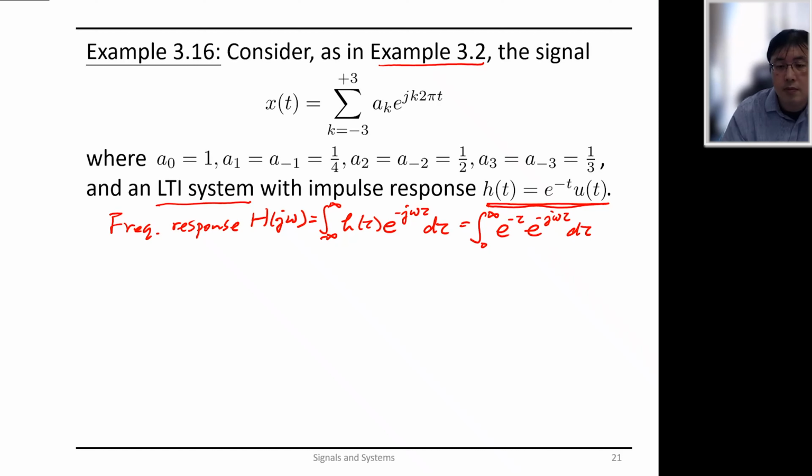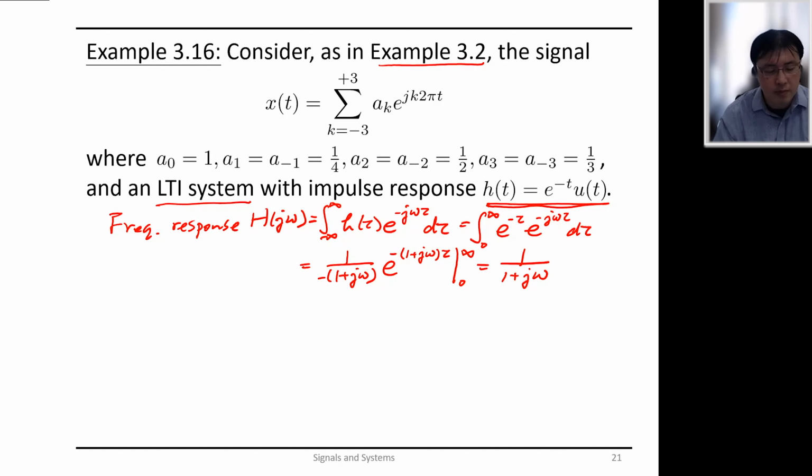If you work this out, you get the exponent minus (1 plus j omega) tau, evaluated with upper and lower limits infinity and 0. So if you plug this in, then you get 1 over 1 plus j omega.